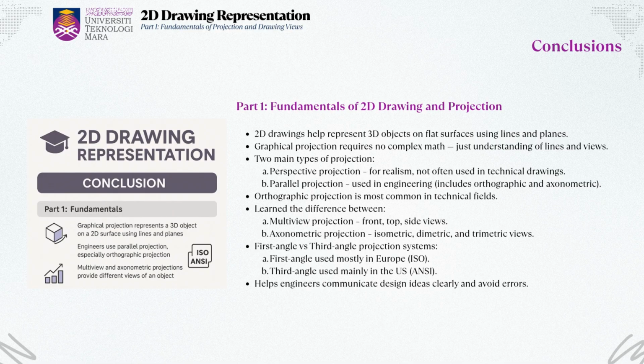We discussed different projection methods like perspective and parallel, and why parallel projection, especially orthographic projection, is the go-to method for engineers. We also explored the difference between multi-view and axonometric projections, and how first-angle and third-angle systems affect the layout of views. Understanding these basics helps you communicate ideas more precisely and ensures others can read and interpret your drawings accurately.